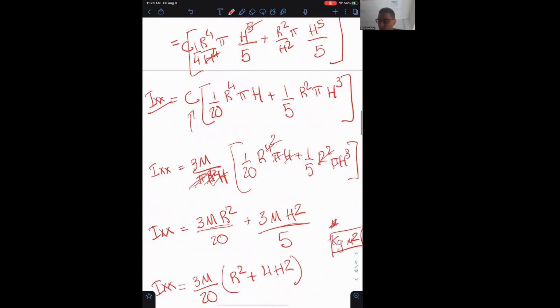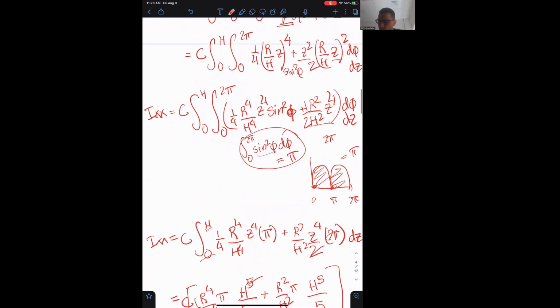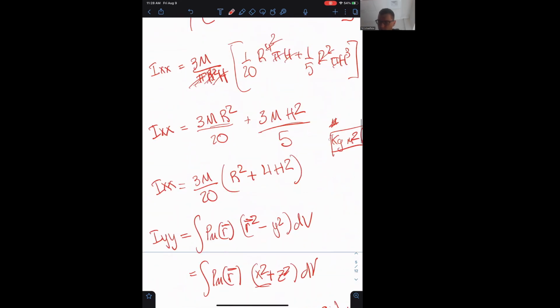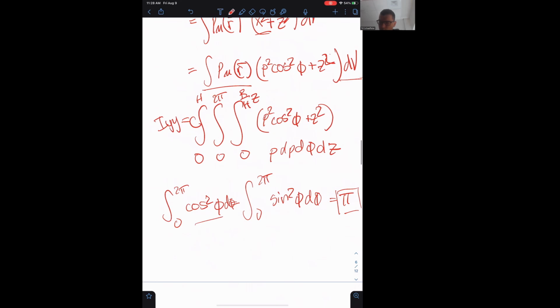So the sine squared phi integral is the exact same as cosine squared phi.